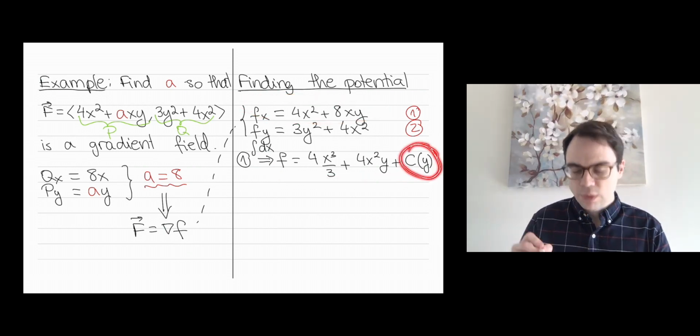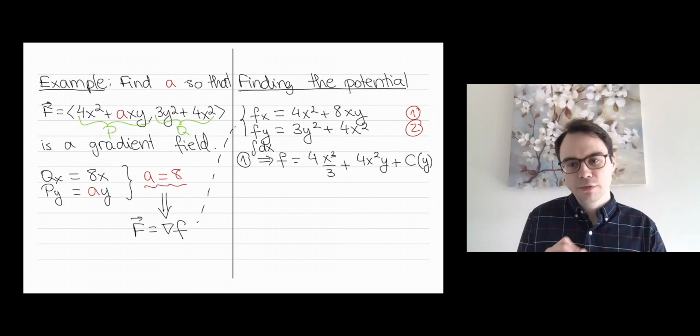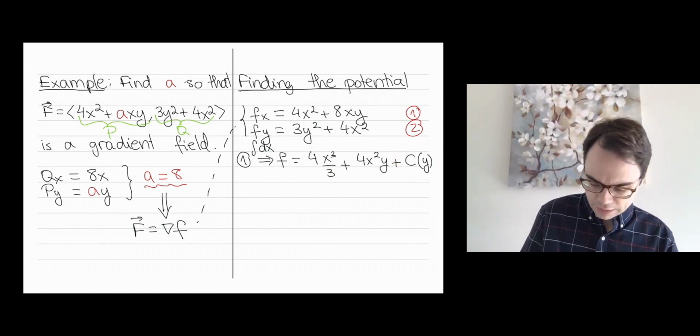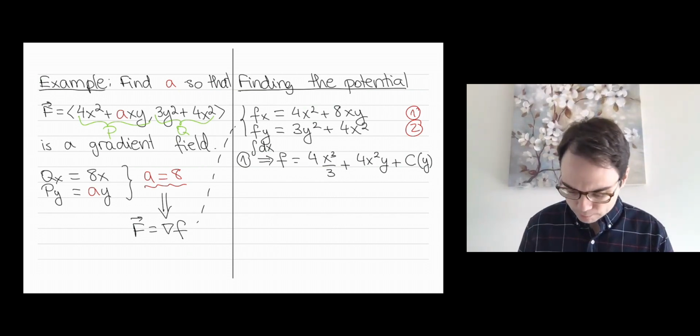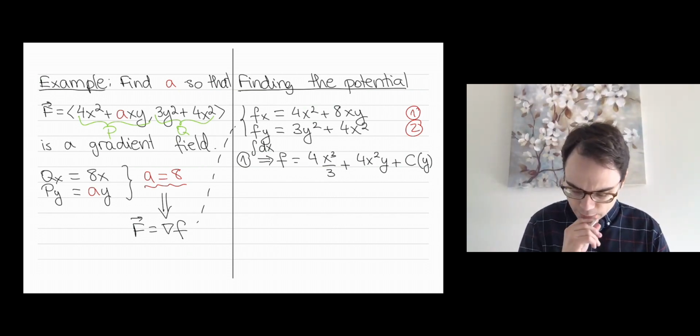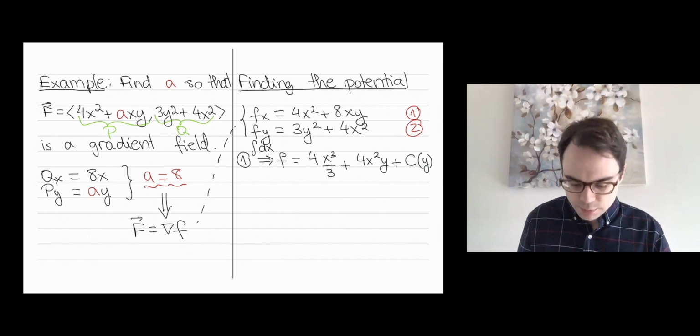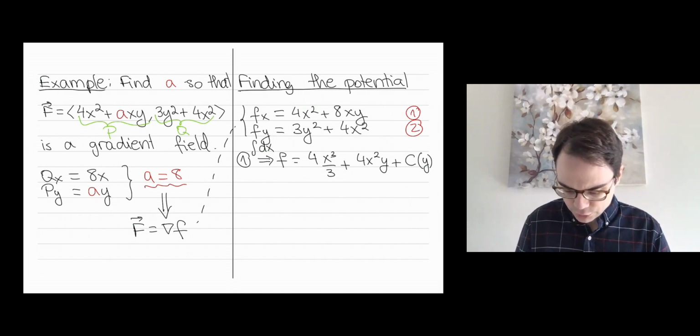So if I want to maintain the same amount of information, I have to include this dependency, the fact that this constant can depend on y. So that was me using equation number 1. Next, I want to use equation number 2 to understand this potential function f.